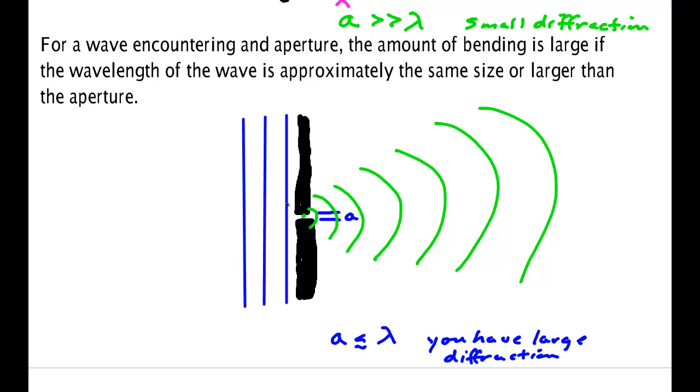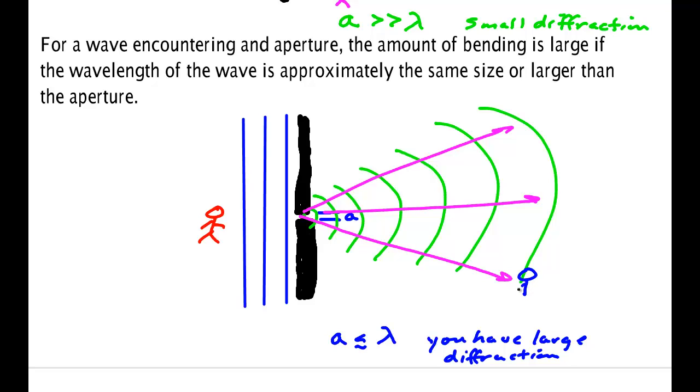So you have waves going out like this. So your friend over here can yell, and even though you're sitting over here, this being the door, and you can't see them because the wavelength of light is so small it would have gone in a straight line, your sound wave is bent and you can hear them.